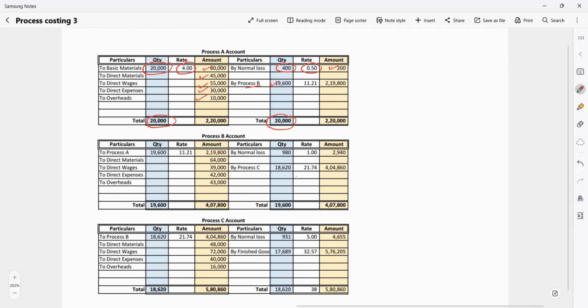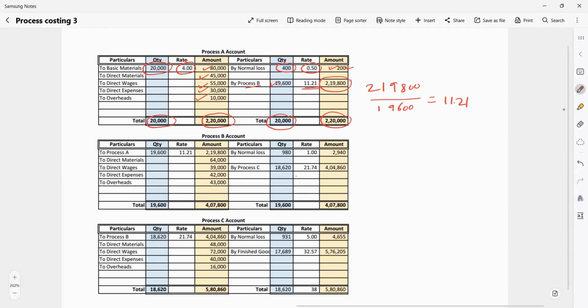For the amount column, total cost of process comes to 2,20,000, and after deducting normal loss value from 2,20,000, we get 2,19,800. And in order to calculate the cost per unit or rate, we use the same method: 2,19,800 total amount divided by total quantity of output, value comes to 11.21 per unit.